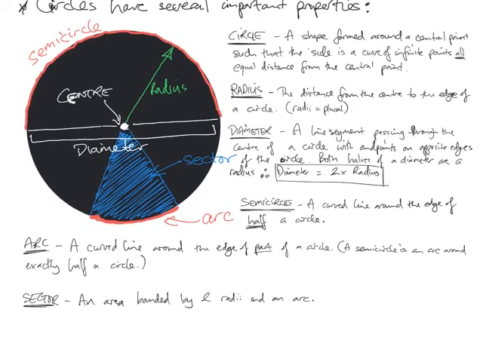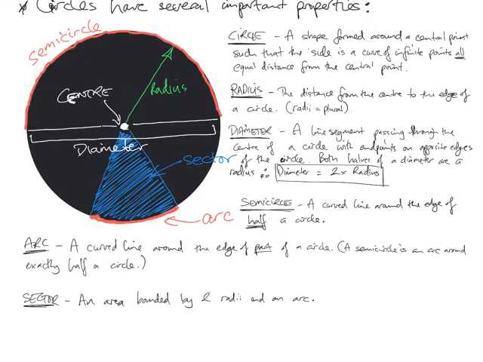So firstly, as a mathematical definition, a circle is a shape formed around a central point. So we've got a center here, the shape of a circle around, and the side is single-sided, and this is the closest thing to a single-sided polygon you'll have. It's got one side continuous going all the way around.